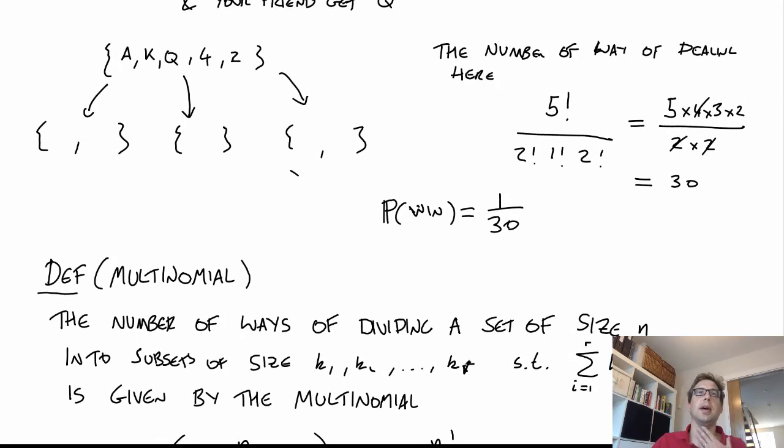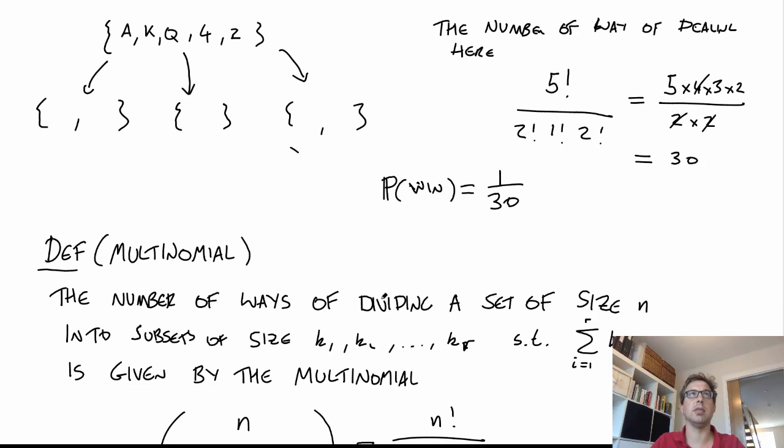One way of thinking about that is, imagine we have a number of items like these ace, king, queen, 4, 2, and let's say we've got a red bin, an orange bin, and a green bin. We're asking what's the number of ways of putting the items into the different bins, so that there's 2 in this bin, 1 in this bin, and 2 in this bin. That's another way of thinking about these multinomial terms.